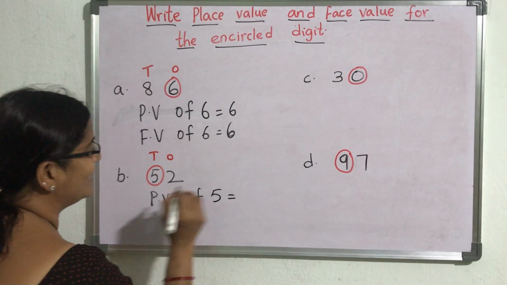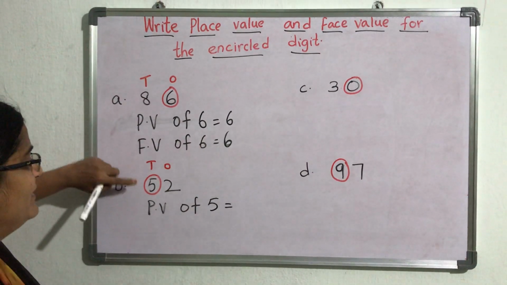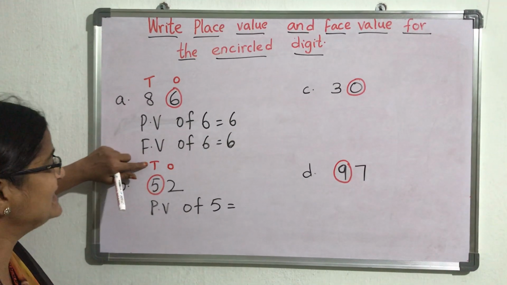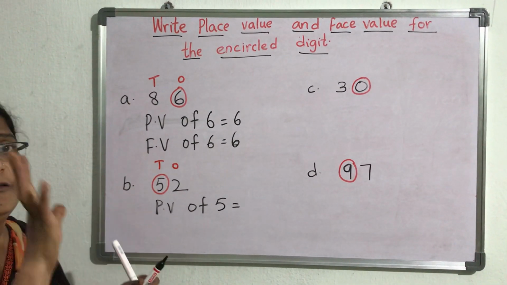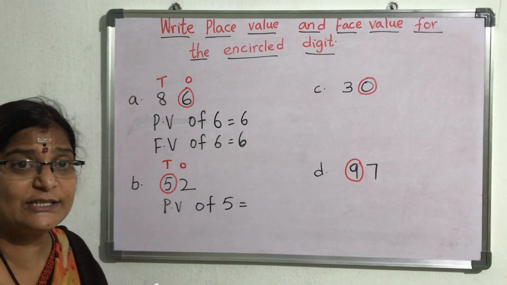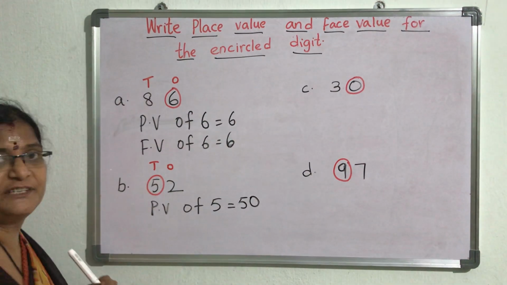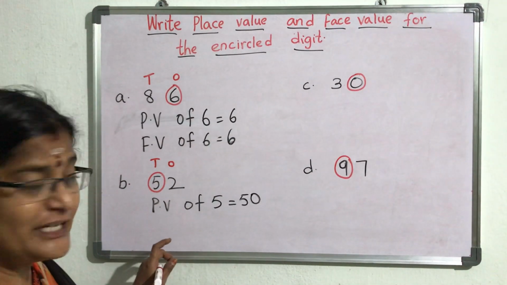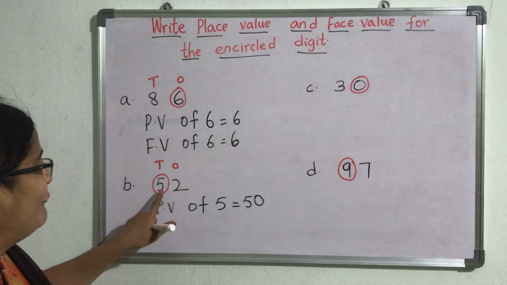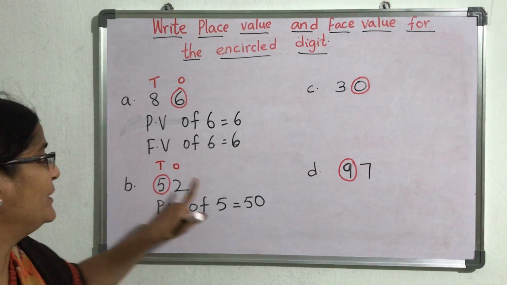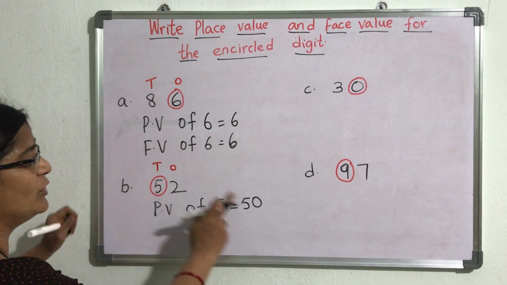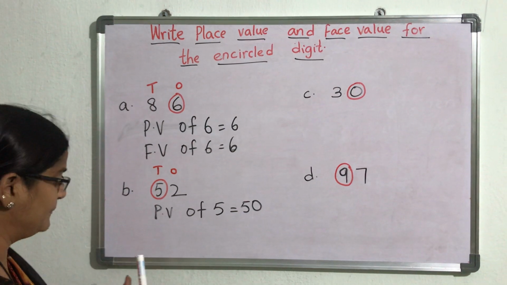So the place value of 5 is in which place? Tens place. So 5 tens is equal to 50. Place value of 5 is 50 because it is in the tens place. So we are writing 50.